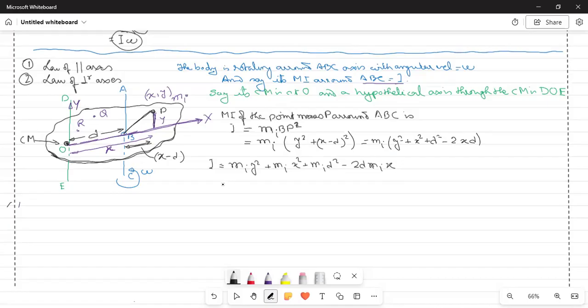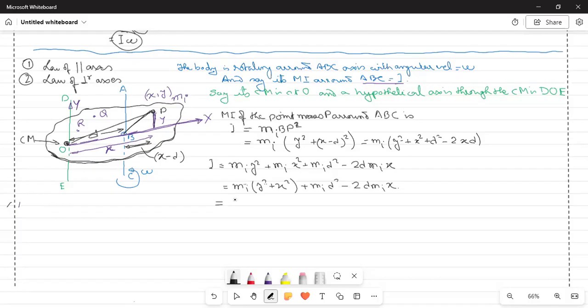Now mi times y², let me write it so that you don't miss any step. This is equal to y² + x² + d² − 2dx. Now y² + x² is the distance from the center of mass to P. So this is the distance OP.